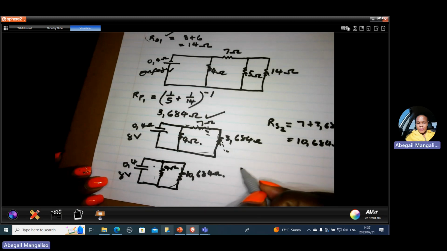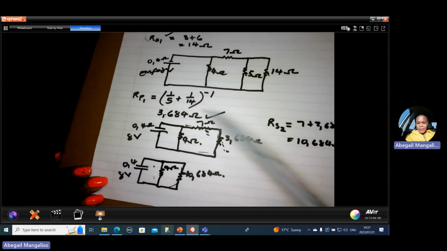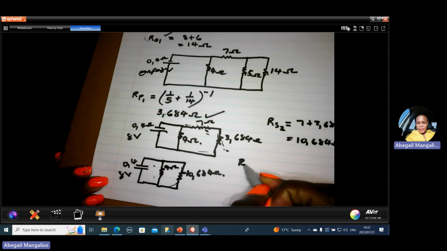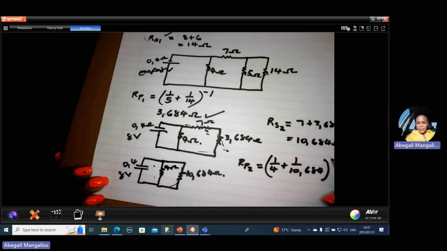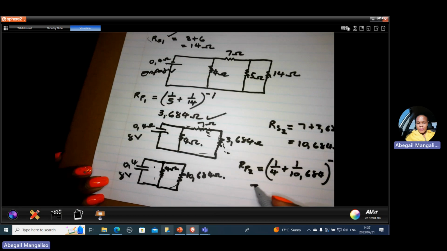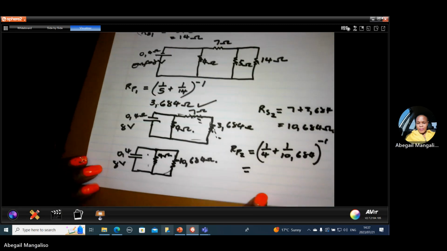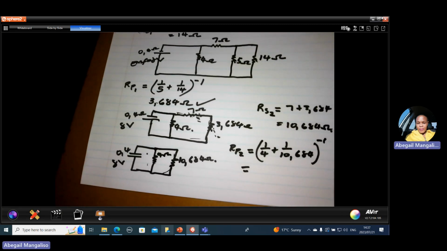If they are parallel, we already have parallel 1, so this will be RP2. So parallel resistance is 1/4 plus 1/10.684 bracket inverse, because they are connected in parallel. Use the calculator to get the answer.